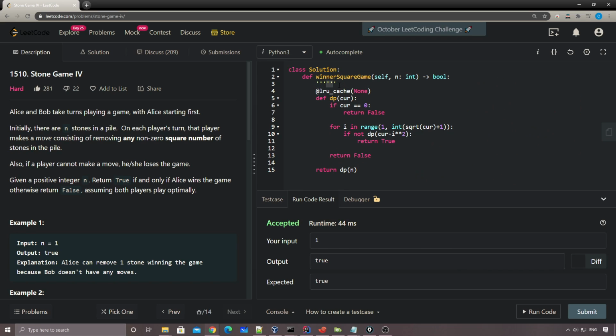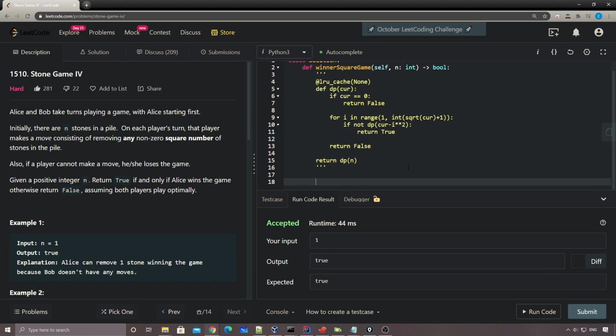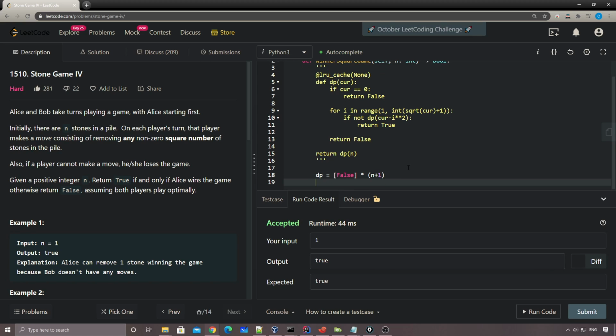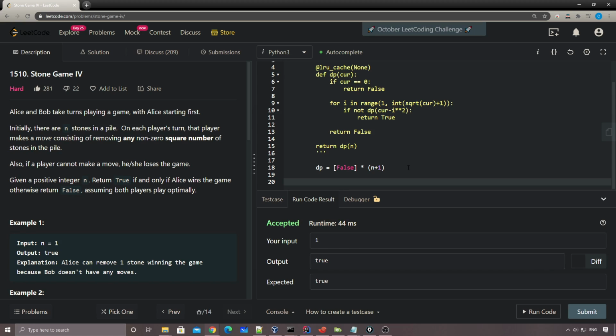So I'll just quickly write the bottom up. For bottom up, it's pretty straightforward. Similar idea here. We're going to initialize everything with n plus 1 here. Again, for the top down, from the current state we're trying to go to the next state, and we're getting the result from the next state with the base case.